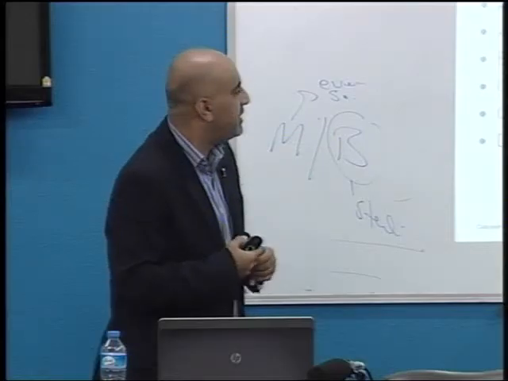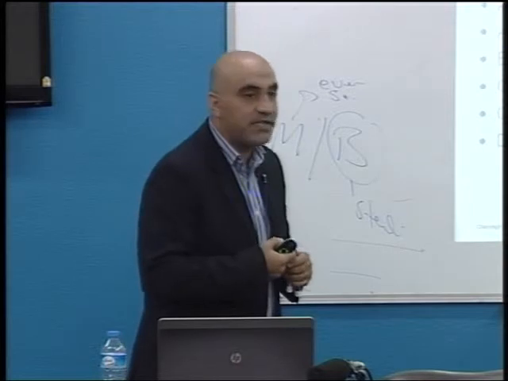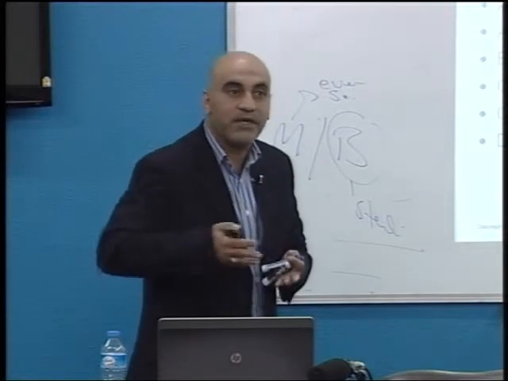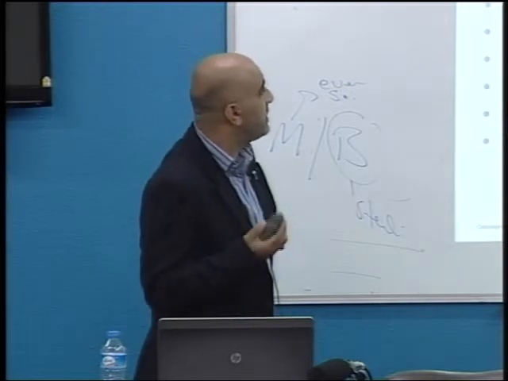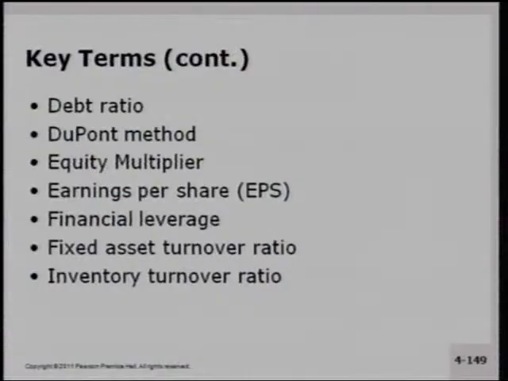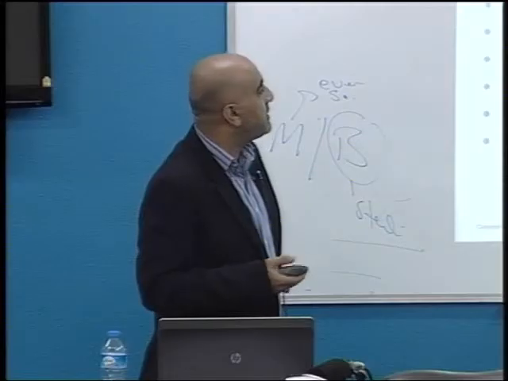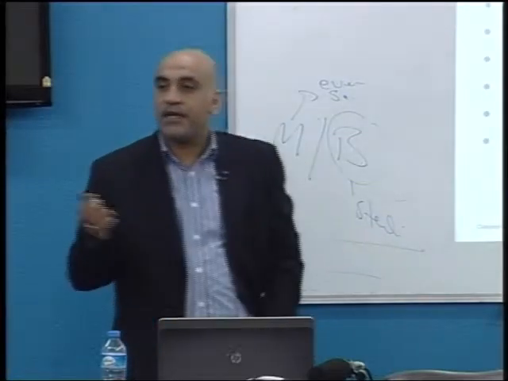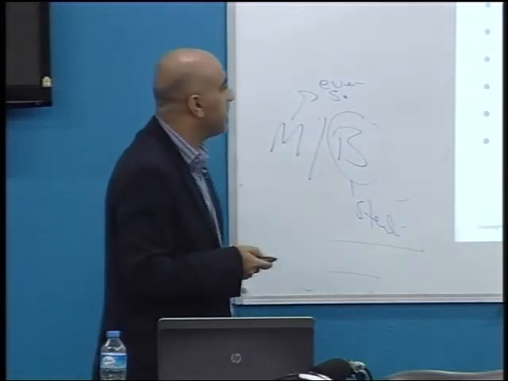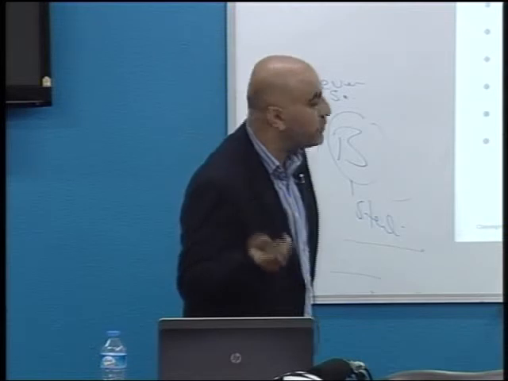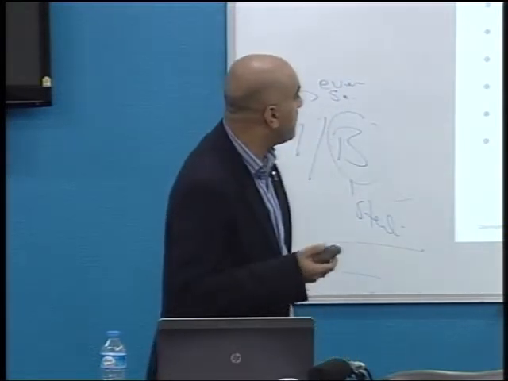Current ratio is a measure of liquidity. Days sales in inventory: how many days it takes to convert inventory into cash. Debt ratio is the relationship between debts and assets. DuPont is measuring the return on equity. Equity multiplier is a function of the debts. If the debts increase, the equity multiplier increases. Earnings per share is the net income divided by the number of shares outstanding.